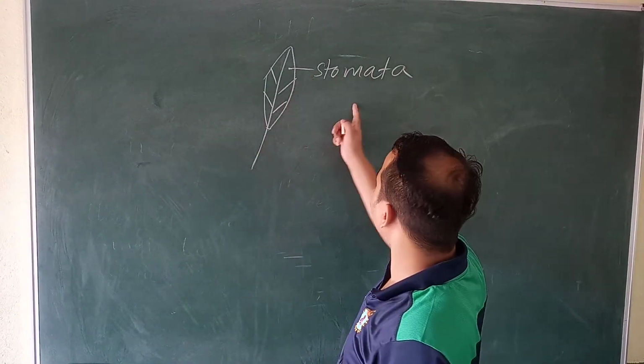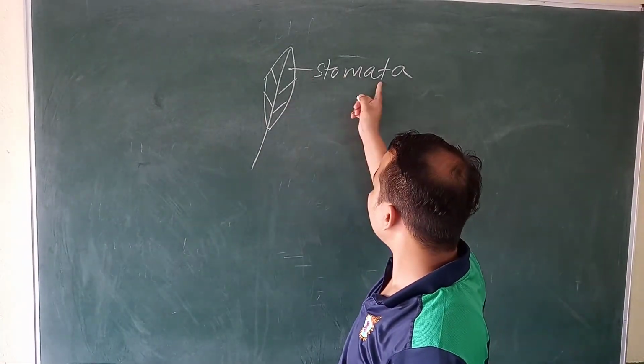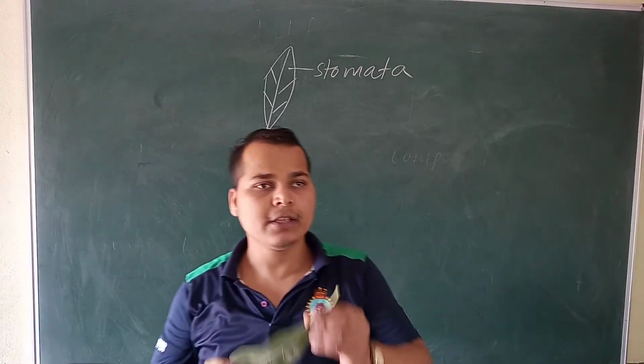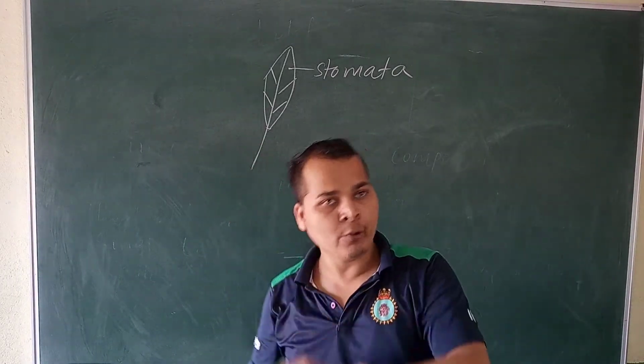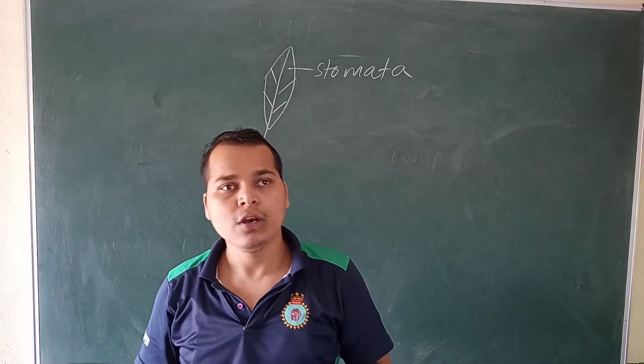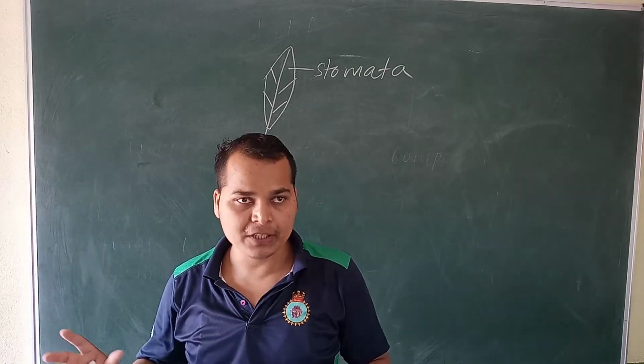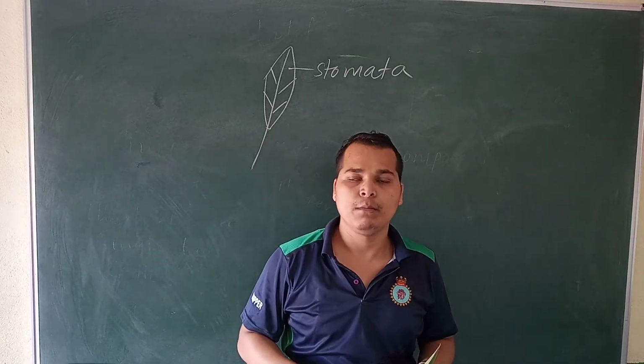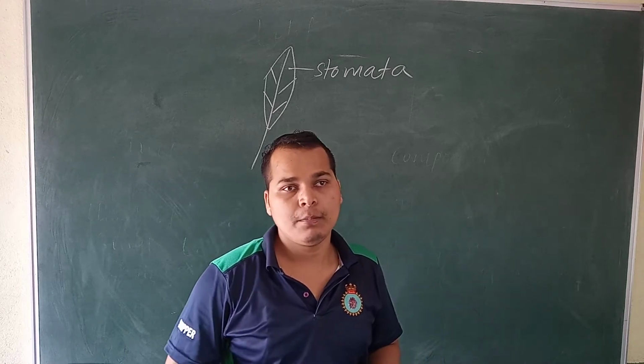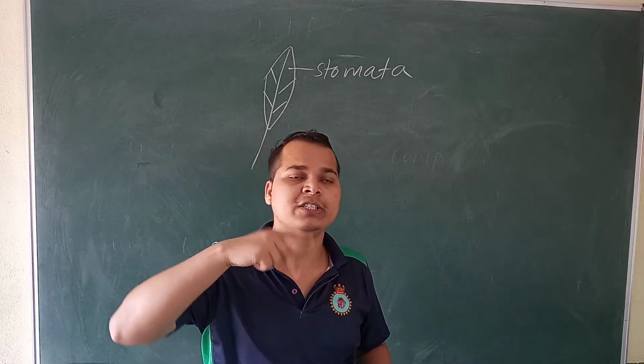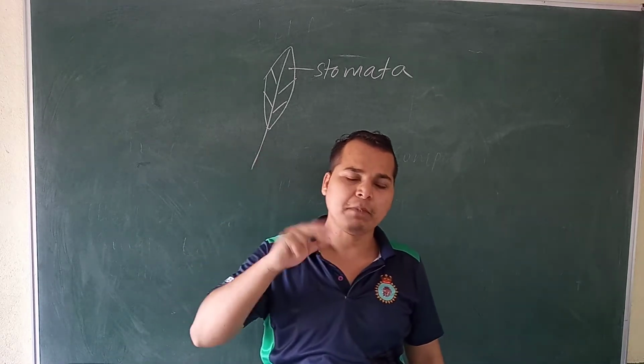This hole is called stomata. The stomata will open and it will close. It is closed when there is very high temperature. Why is it closed? Because in high temperature water loss is maximum, meaning evaporation is very fast.